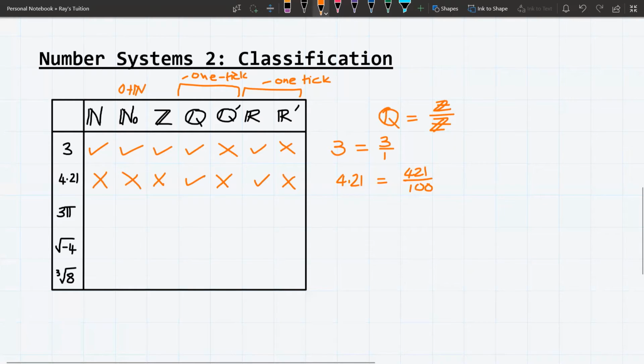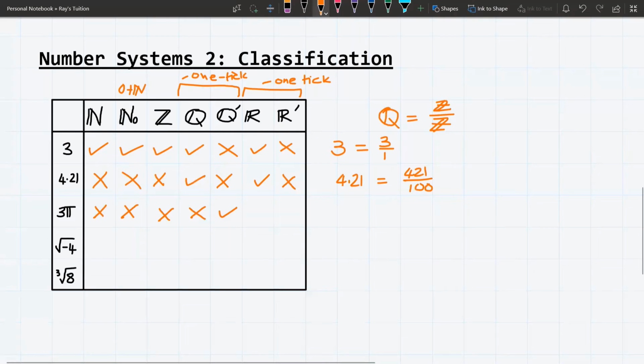Now pi is an irrational number, you'll remember from the last video, which means that it is not natural, not whole, not an integer, not rational, it is irrational. Once again, you don't tick both, it's either one of the two. So 3 pi is irrational because pi is irrational, and anything added, multiplied or divided by pi would still be irrational.